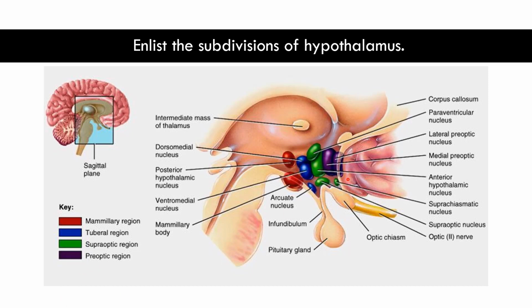Preoptic region, supraoptic region above the optic chiasma, tuberal region above the infundibulum or tuber cinereum, and mammillary region. Like this, from anterior to posterior, vertical column like arrangement of nuclei can be named. This is other variety of subdivision.